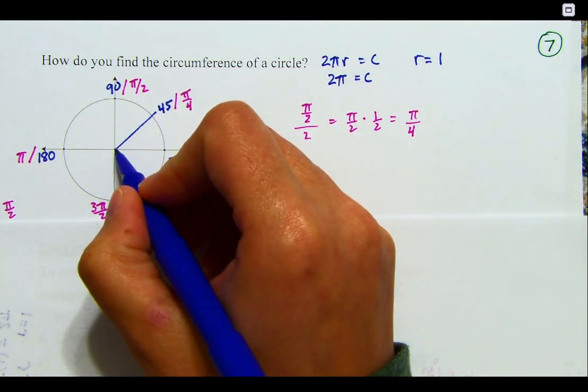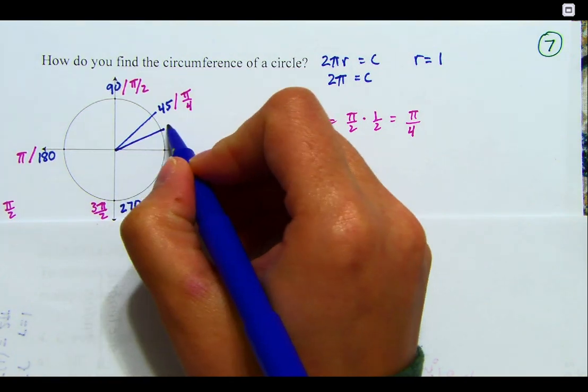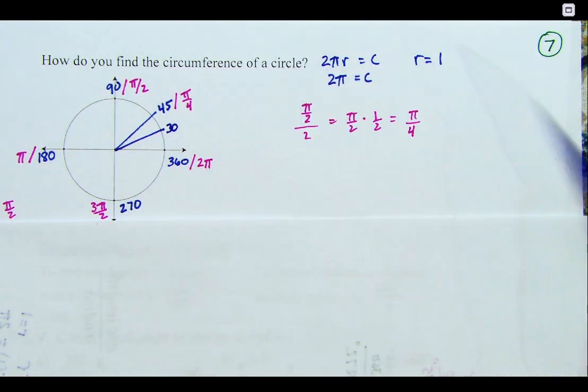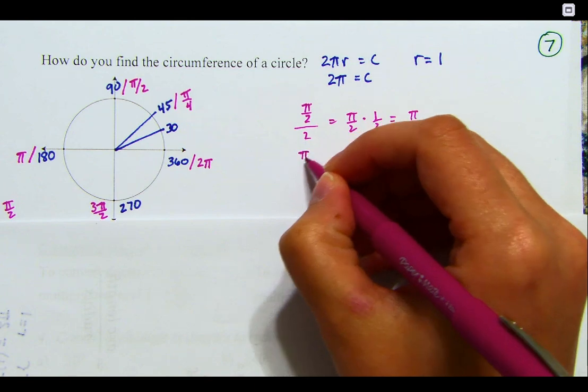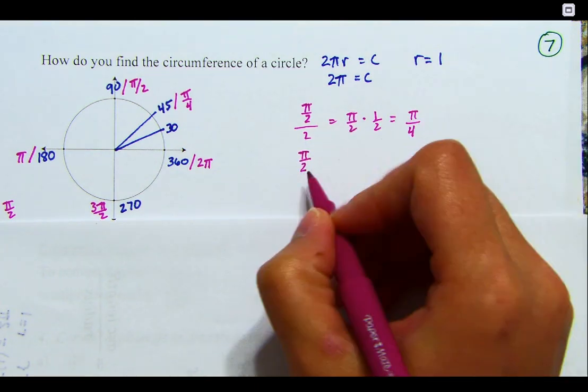Let's say that I wanted 30 degrees. Well, if we're comparing 90 and 30, that would be a third of it. If I am thinking of it as a third, so 90 divided by 3 gives me 30, then I would have to take pi over 2 and divide it by 3.